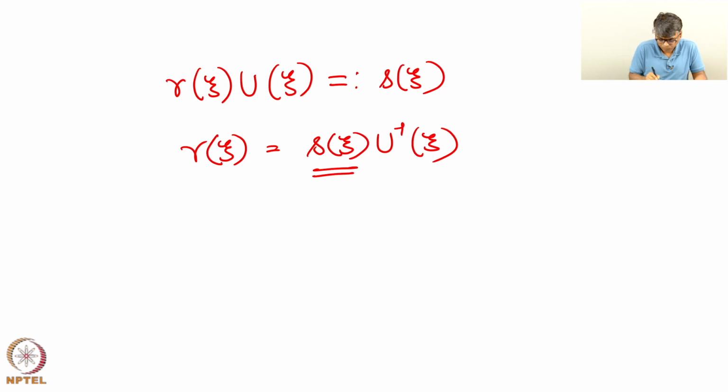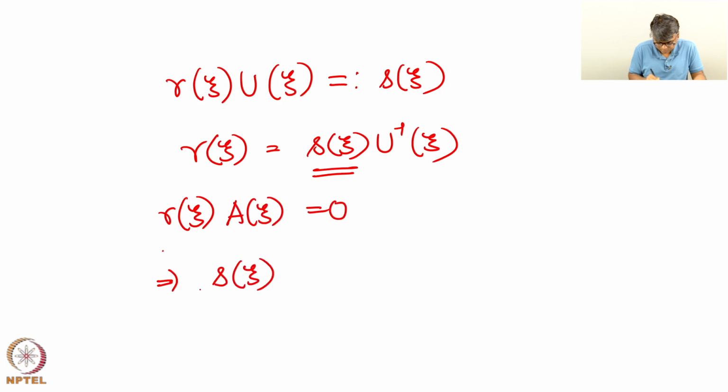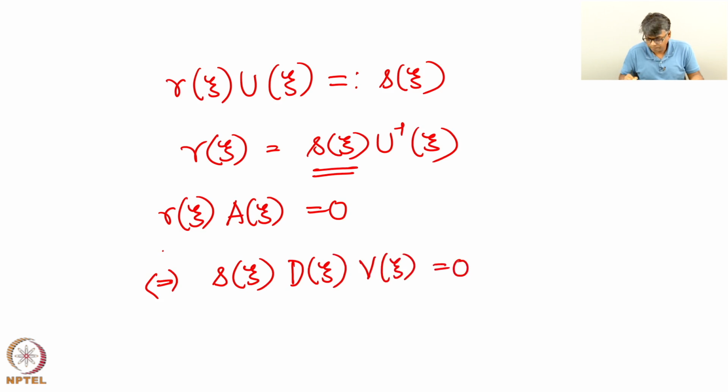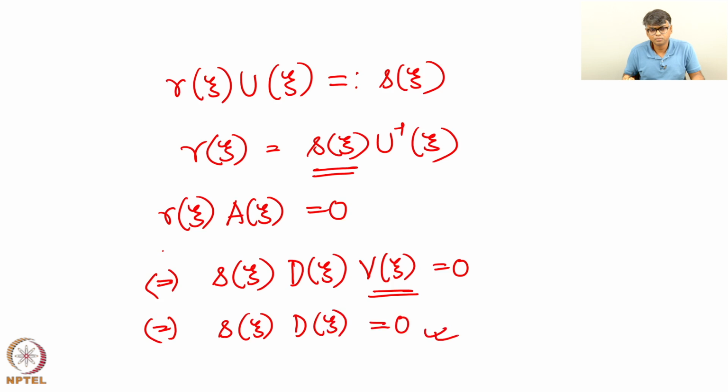Now, what can we say about this S guy? R(ξ)A(ξ) equal to 0 means, if and only if, S(ξ)D(ξ)V(ξ) is equal to 0. But V(ξ) is a unimodular matrix, so this is true if and only if S(ξ)D(ξ) is equal to 0, right? But when is S(ξ)D(ξ) equal to 0? Look at this.